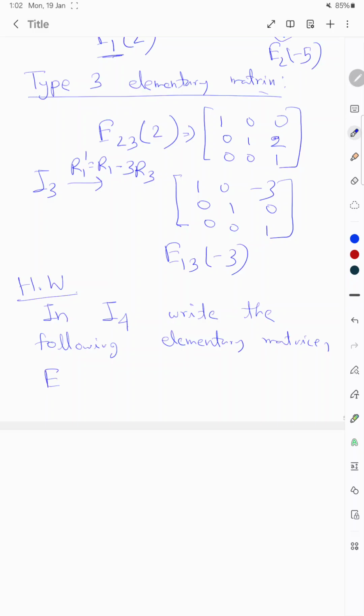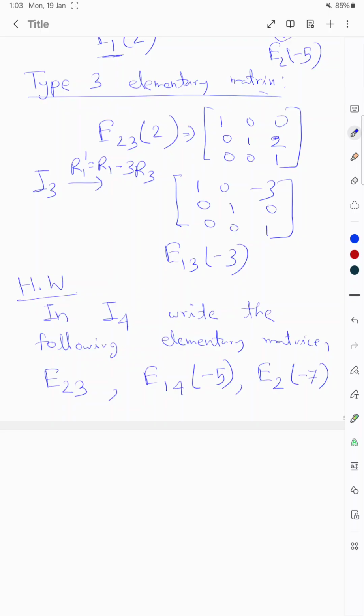Suppose you have E23, E14 with minus 5, next E2 into minus 7. Okay, these three matrices you write and then send me on WhatsApp. Just this is I4, that is, you are doing the same thing in your 4x4 matrices.